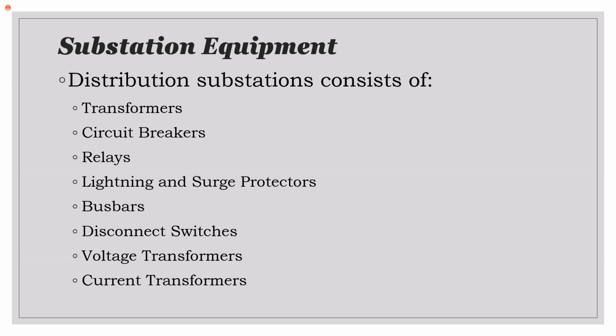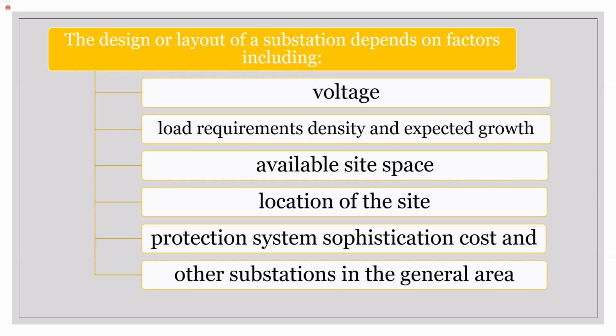Okay? The type of lightning protection that you'll have in one substation may not necessarily be the lightning protection you'll find in the other. But these are some standard equipment that you'll find in your substation. Now, some of the factors that will dictate the design and layout of your substation are shown. So you have your voltage.